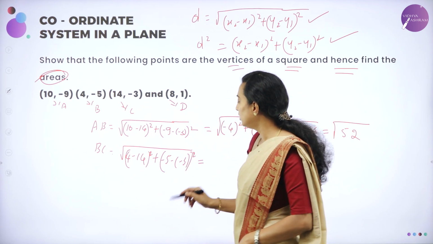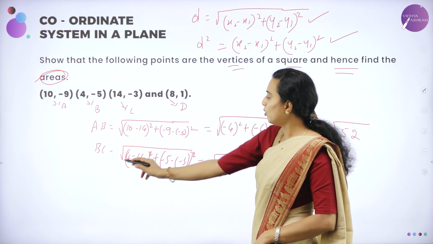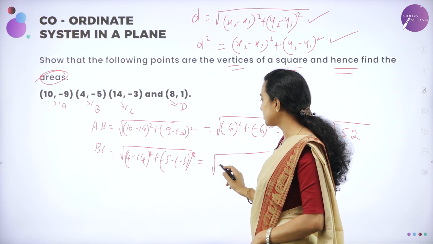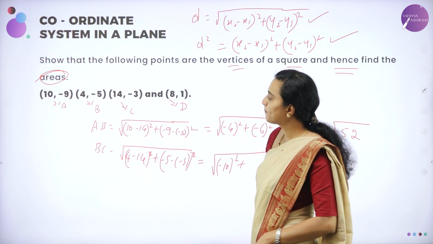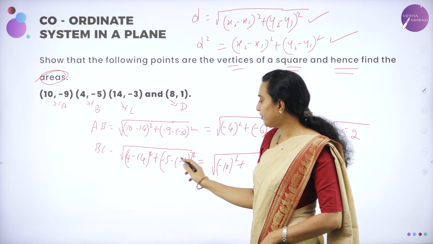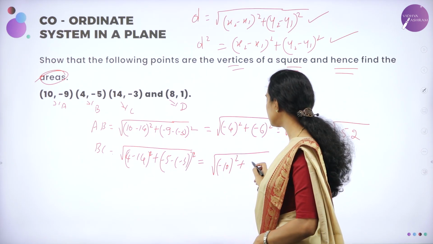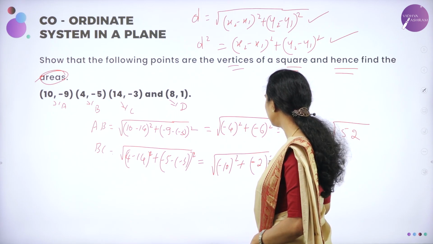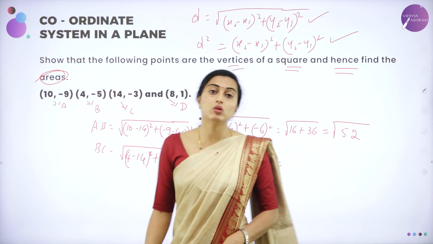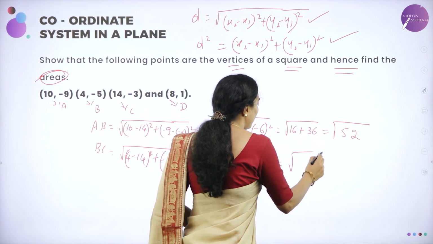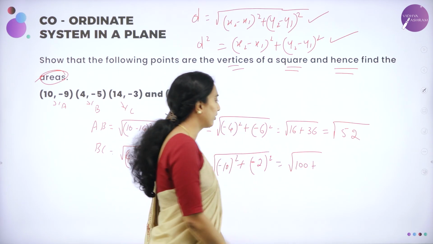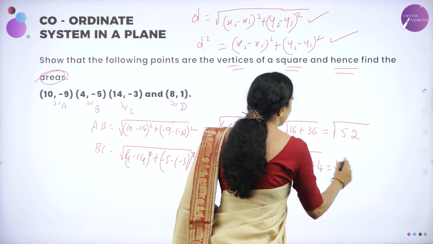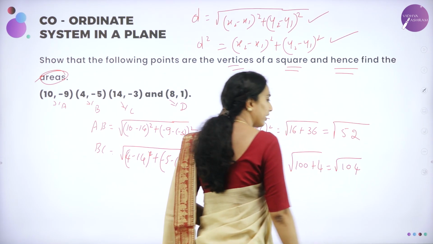The square root of 4 minus 14, which is minus 10, whole squared, plus minus 5 plus 3, which is minus 2, whole squared. Minus 10 whole squared is 100, plus minus 2 whole squared is 4. So the answer is root of 104, correct?